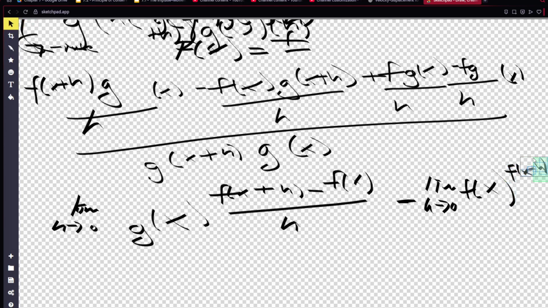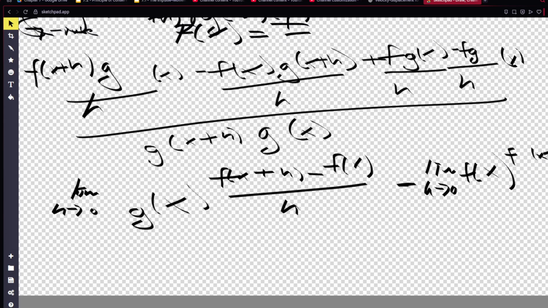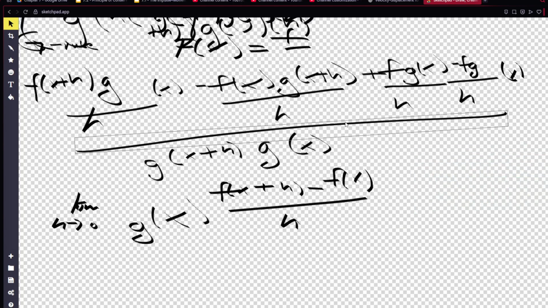If you want to see the proof, let me write it a little bit smaller because I don't have that much room. So limit as h approaches 0, and now we're going to factor out an f of x here.